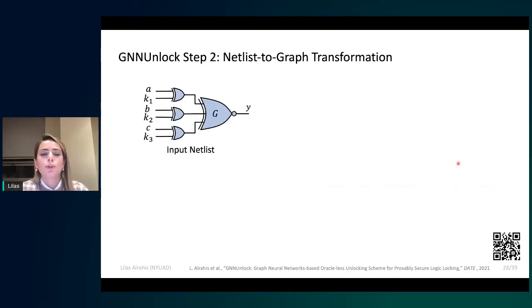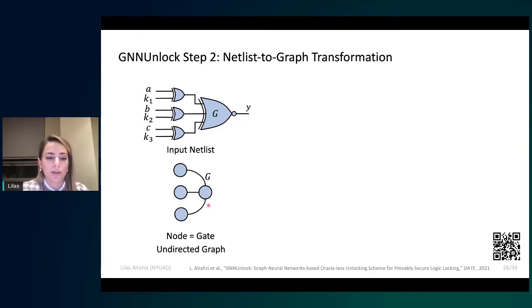So we talked about how we do this locking. We generate a set of circuits. Now we need to convert them to graphs. This is an example of how we do this netlist to graph transformation. Here you can see a netlist, and this is the graph representation. Typically in our work, we represent the netlist as an undirected graph. We represent each gate in the circuit as a node in the graph.